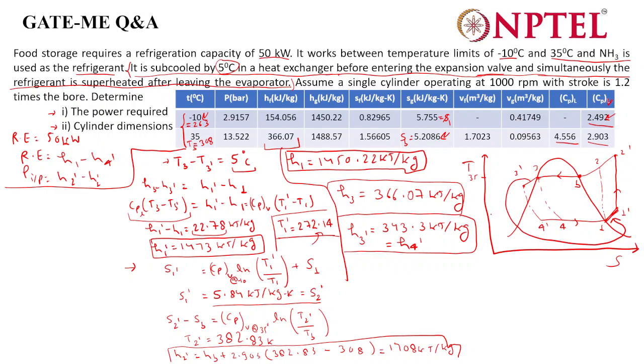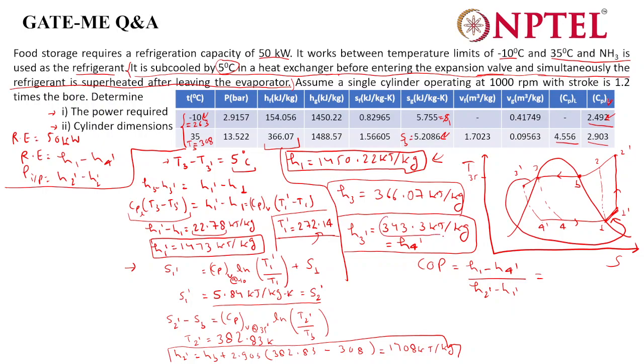Now we know the value of everything. Now we can find the COP of the cycle. What is the COP of the cycle? H1 minus H4 dash divided by H2 dash minus H1 dash. Now we know the value of H1. This is the value of H1, and this is the value of H4 dash.